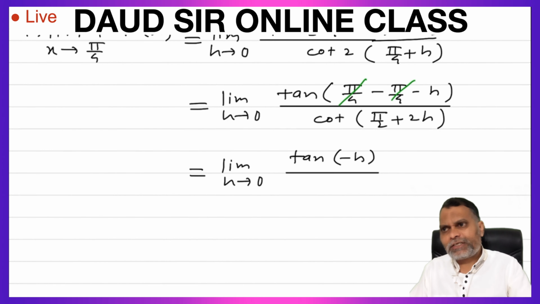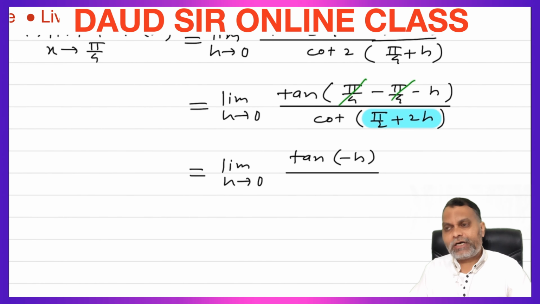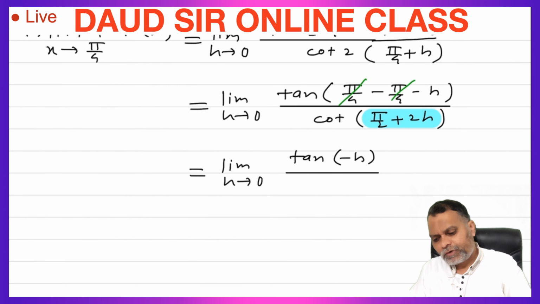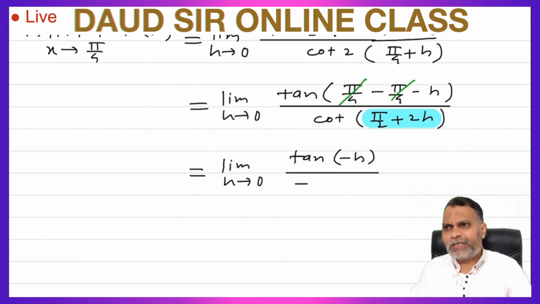cot of 90 plus theta. This 90 plus theta lies in the second quadrant. What happens in the second quadrant? In the second quadrant, sine is positive and its reciprocal cosec is positive, other trigonometrical ratios are negative, so it will be a negative minus sign. And in case of 90 degrees, we have to change, cot will become tan.